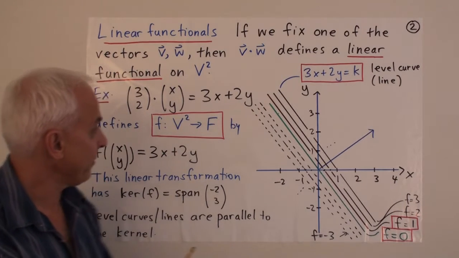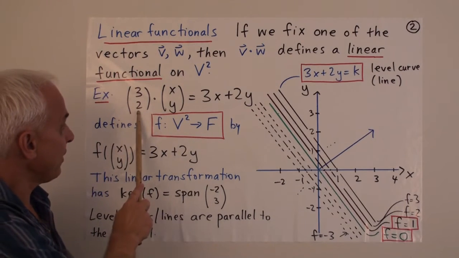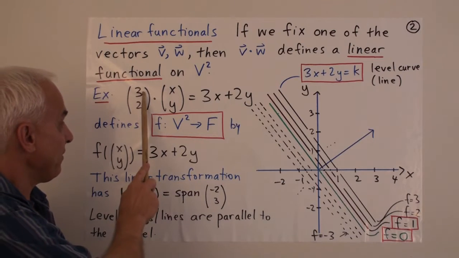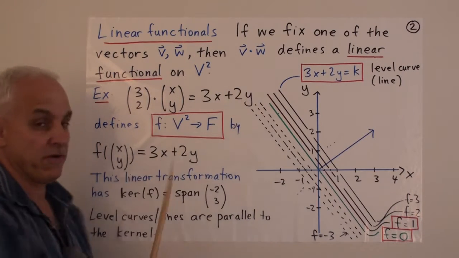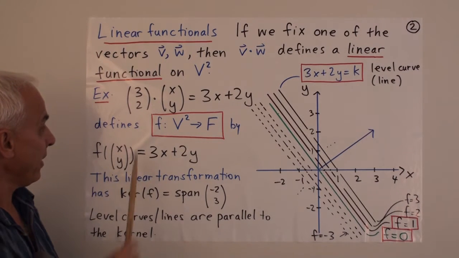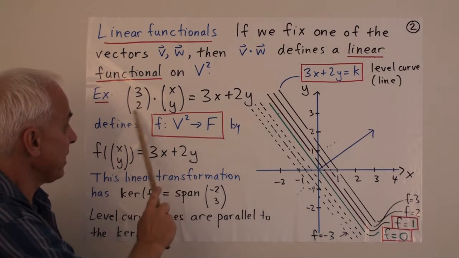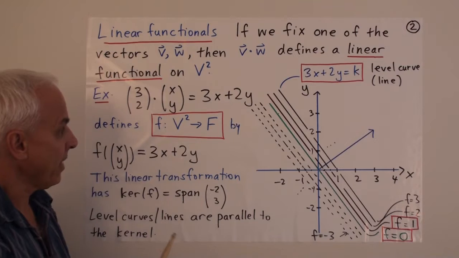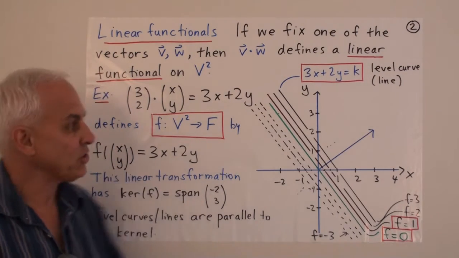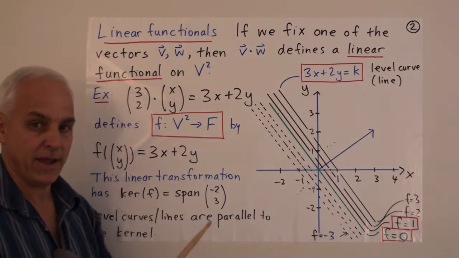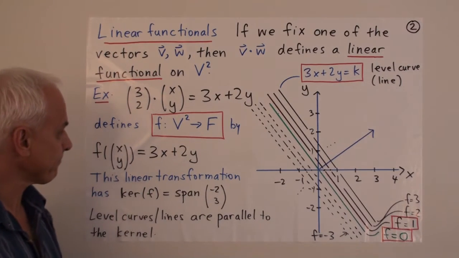Let's give an example. Suppose that the vector v happens to be the fixed vector (3, 2). If we dot it with an arbitrary vector (x, y), then the dot product is 3 times x plus 2 times y. We can think about this as being a function which inputs the vector (x, y) and outputs a number.